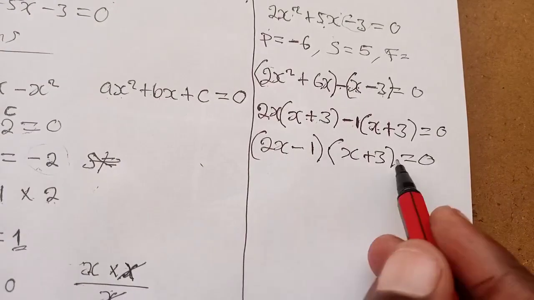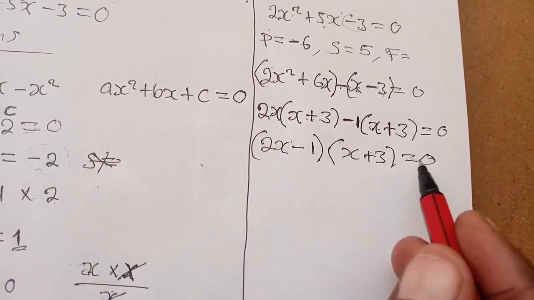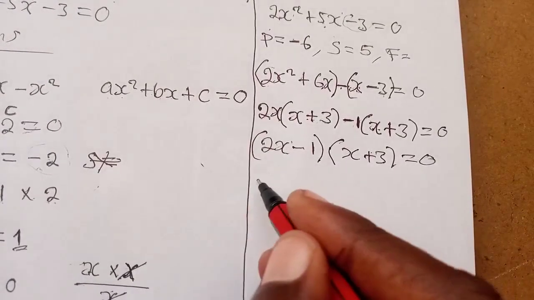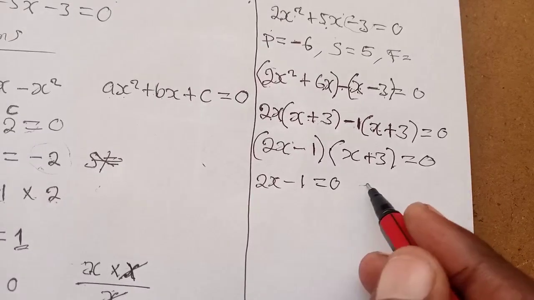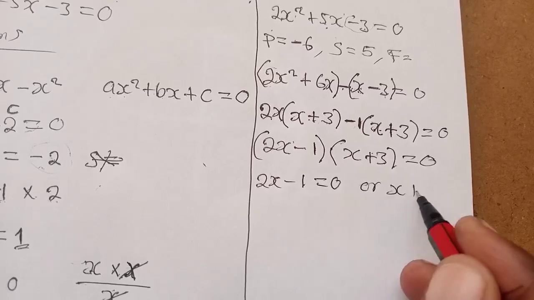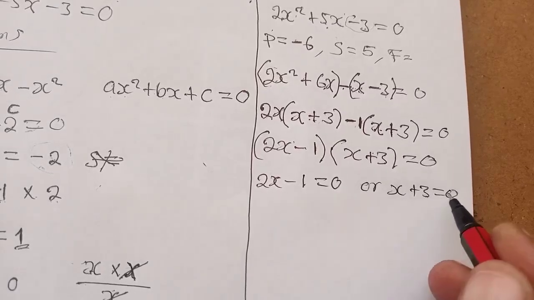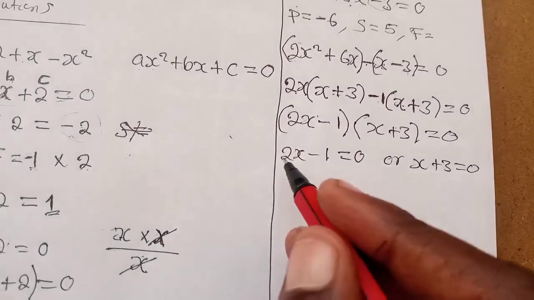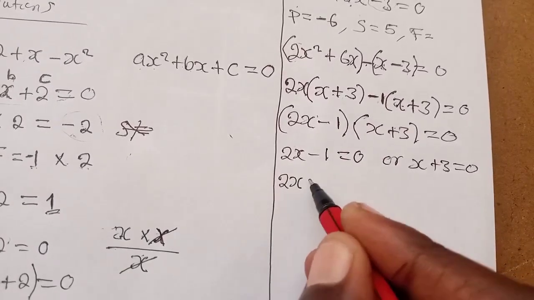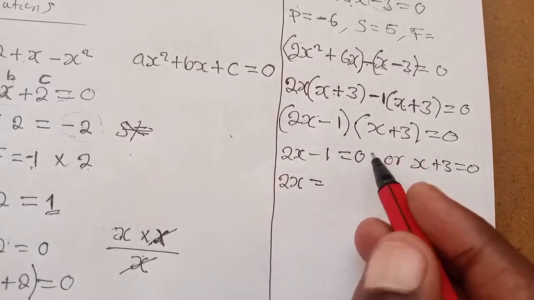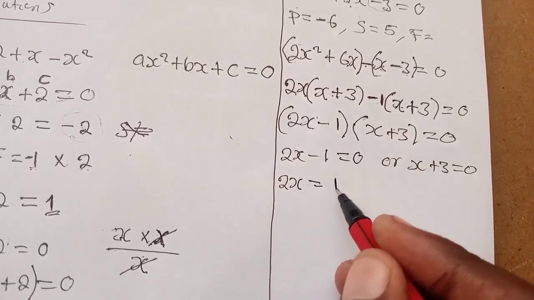Then from here you equate these two factors to 0, so it will be 2x minus 1 is equal to 0, or x plus 3 is equal to 0. Then 2x is equal to, when this number goes this side, positive 1.